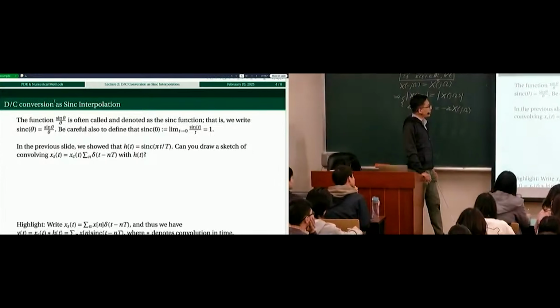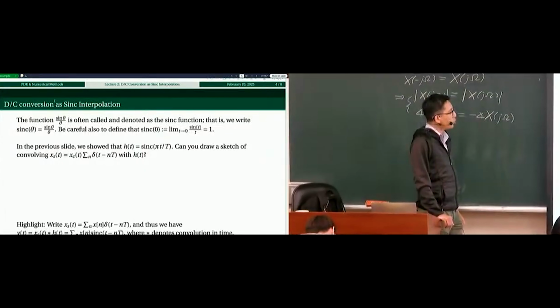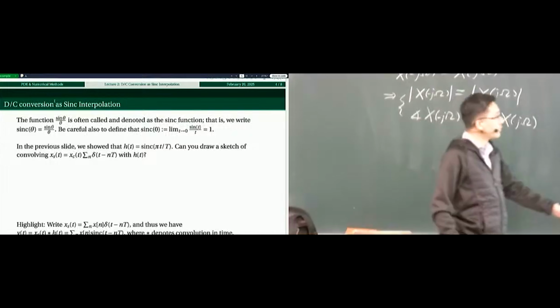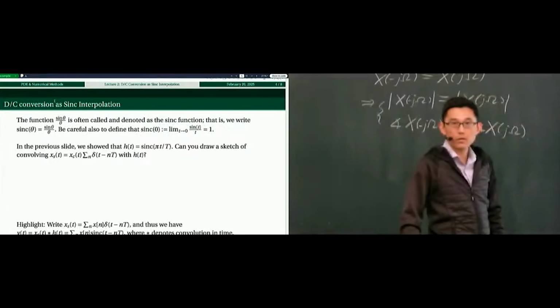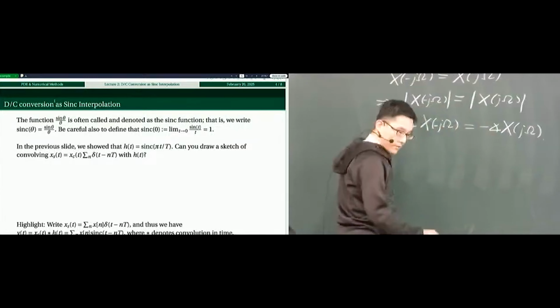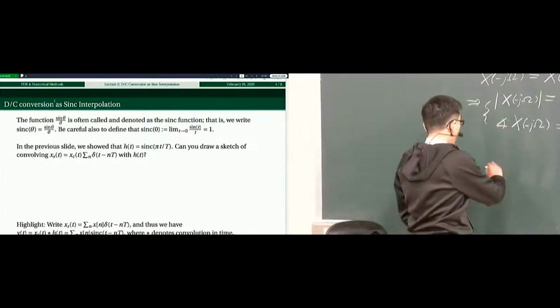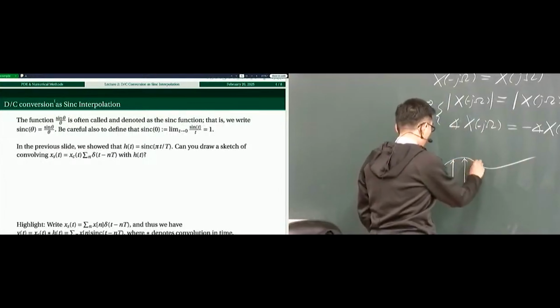But the key issue now is that we need to imagine what will happen when we convolve this Sinc function with our signal after sampling. Let me just, for the last time today, recall that this is our signal and this is the signal after sampling.